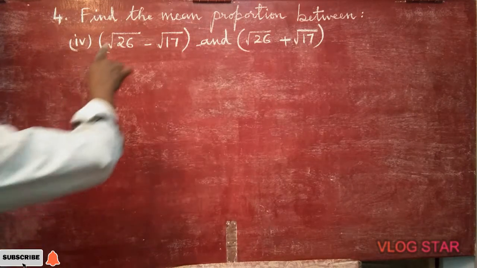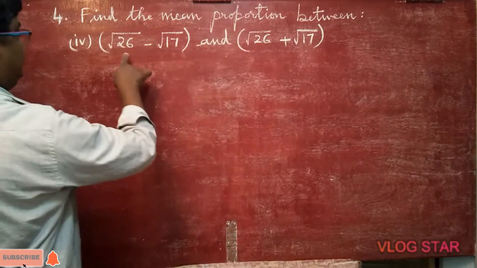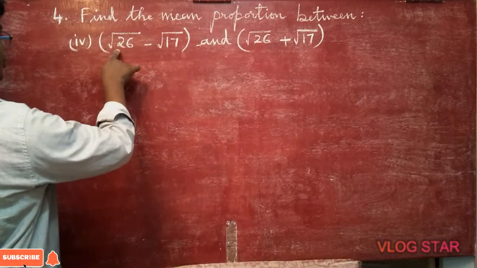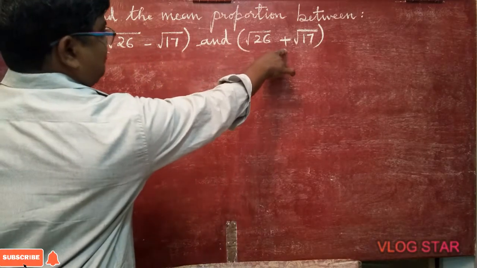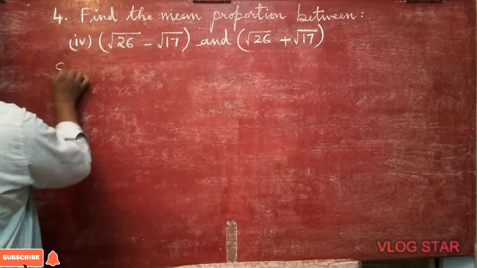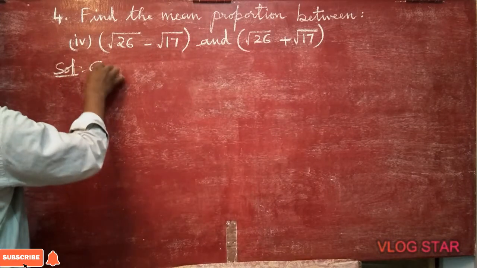Now same, find the mean proportion between, fourth bit, root 26 minus root 17 and root 26 plus root 17. Solution given.